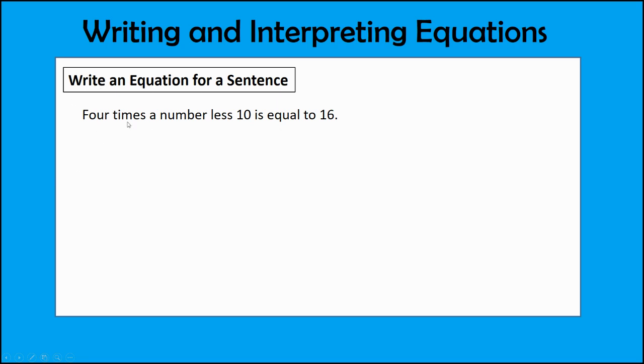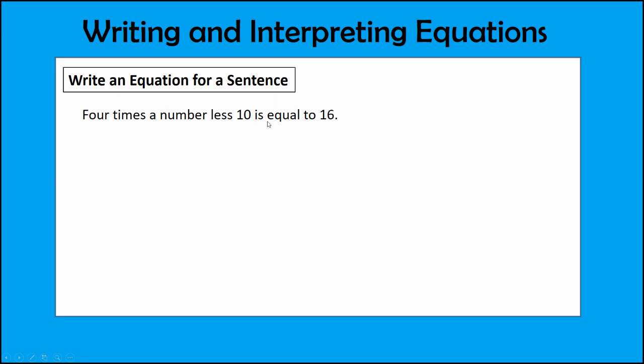So write an equation for this sentence. 4 times a number less 10 is equal to 16. If we look at the key parts of this, 4 times a number, so it's 4 multiplied by a number, is our variable. So we'll put, and it doesn't matter what variable you choose, x, y, m, k, just a variable, less 10. So that means we're going to take 10 away from this product.